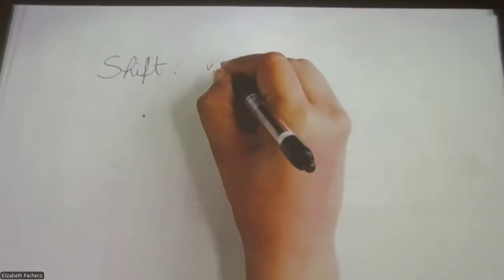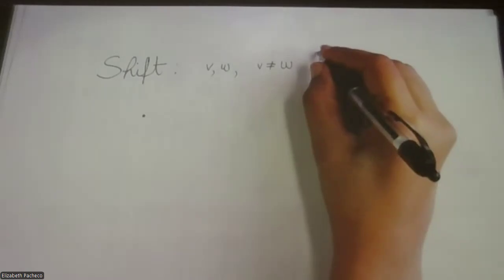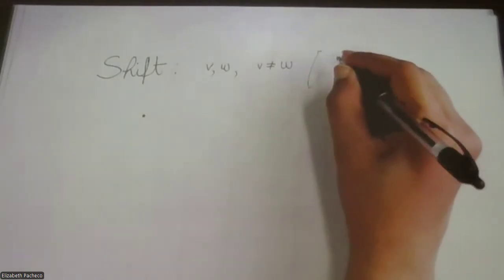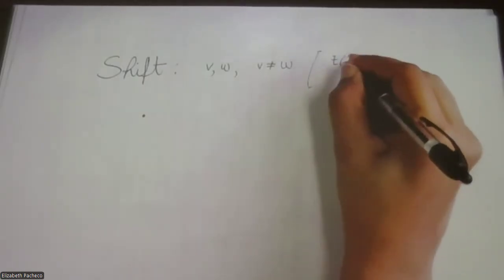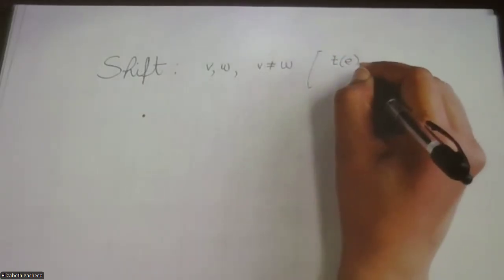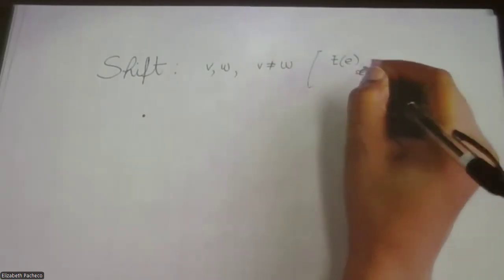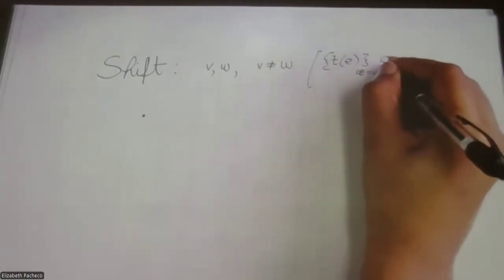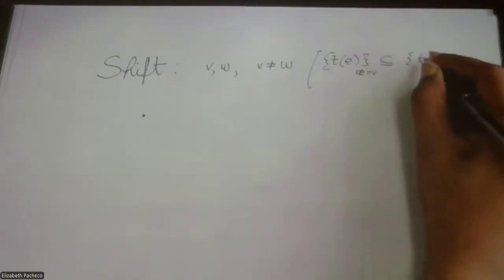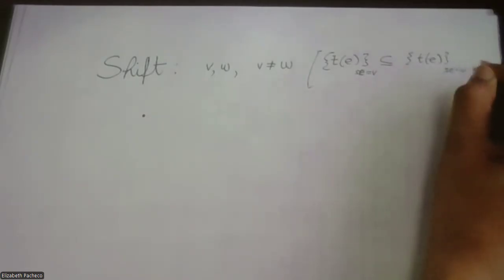So V, W, with V definitely not equal to W. And the condition you need to meet is that the set of targets of edges E with start of E equal to V is a subset of the targets of edges E with start of E equal to W.